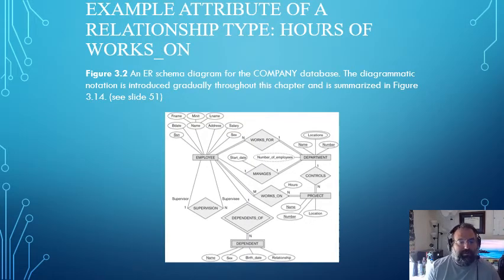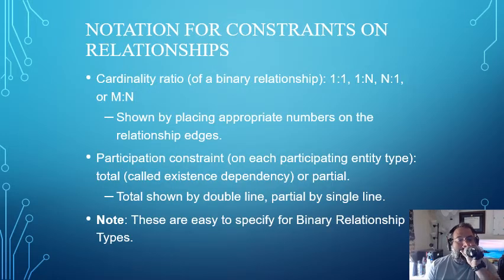This is an example of the ER diagram with the company. The notation is introduced gradually throughout this chapter, and we're going to summarize it in figure 3.14 later on. Notations, constraints on relationships.